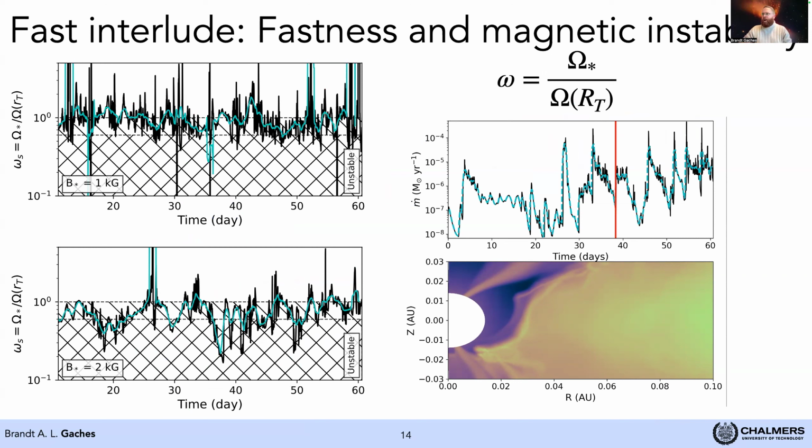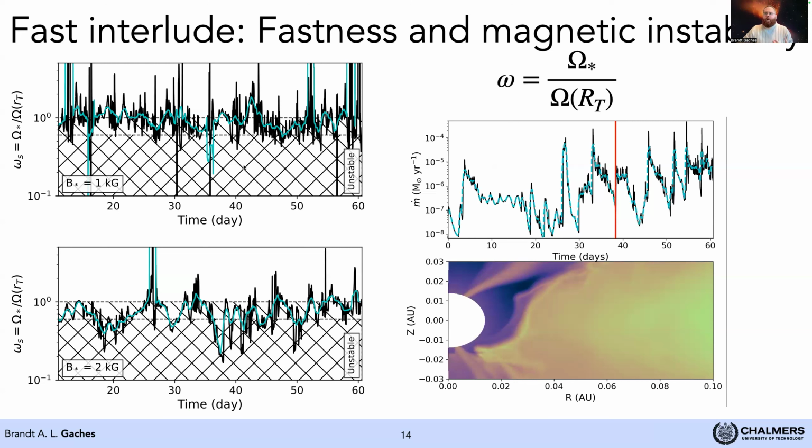For those who aren't familiar with it, it's basically the ratio of the rotation rate of the star over the rotation rate of the disk at the truncation point. Of course, what you really care about is the relationship between the corotation radius and the truncation radius. But the disk at the corotation radius is rotating at the same speed as the star, so you can just use the omega star here.